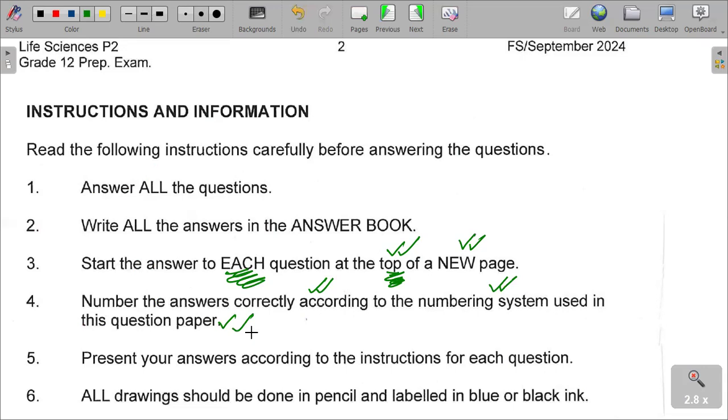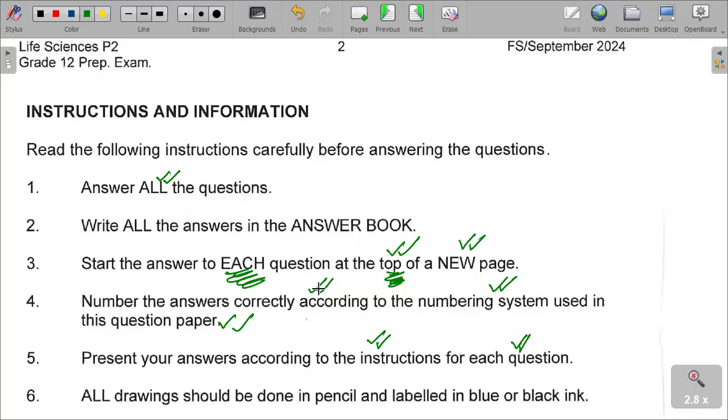Again, present your answers according to the instructions of each question. Class, instructions for each question do vary. You must answer the questions according to the instruction per question, and don't forget to answer all questions.